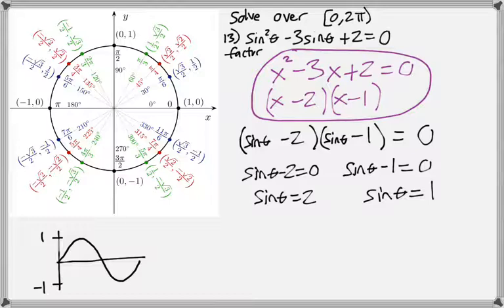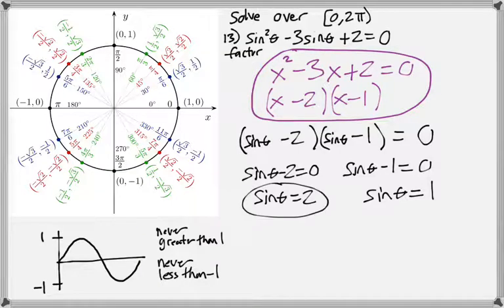So anytime you get sine equal to a number that's bigger than 1, like 2, 3, 4, 10, or a number less than negative 1, like negative 10, then this will just be never.